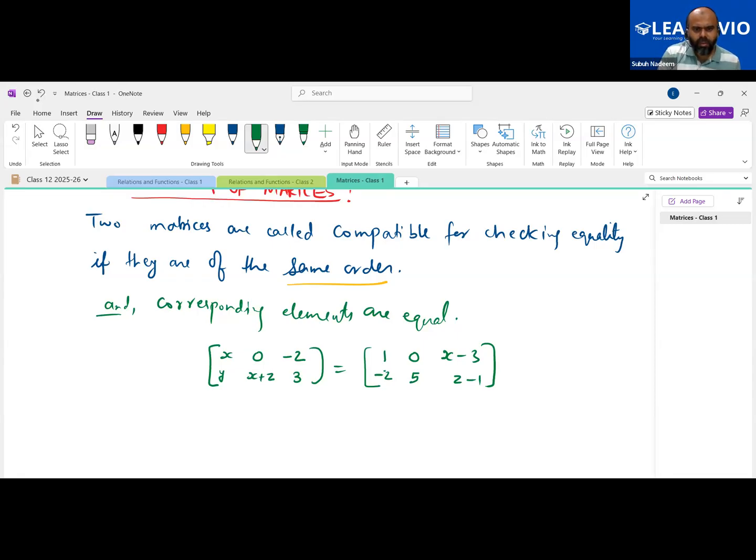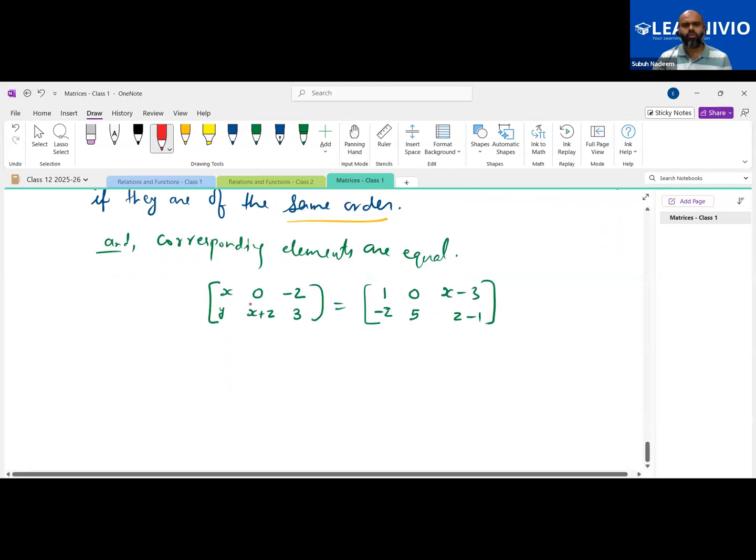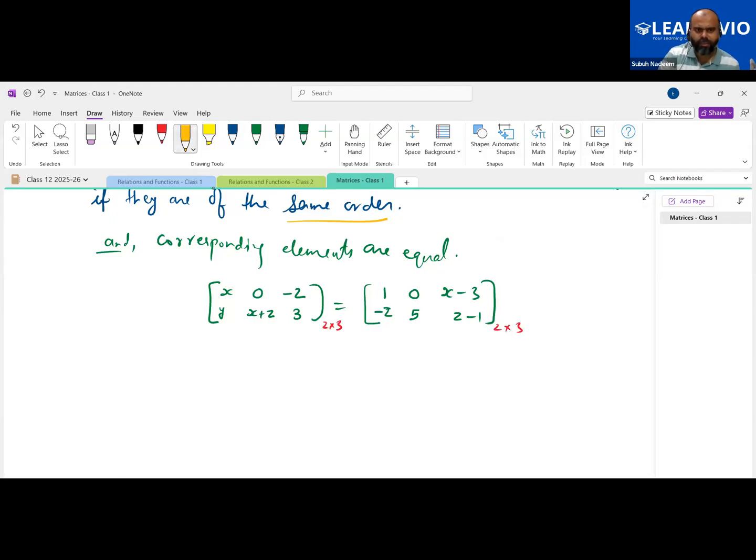If we are saying that these two matrices are equal, then their order should be the same. So this has order 2 cross 3, this has order 2 cross 3, so they can be checked for equality. Now corresponding elements: x should be equal to 1, fine, and then this 0 should be equal to 0, that is also fine.